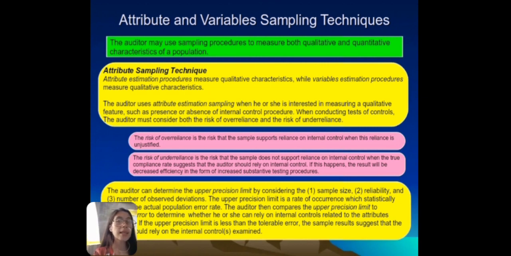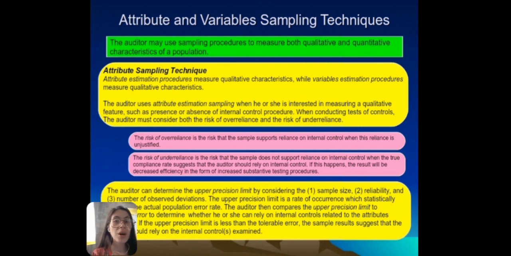When conducting tests of controls, the auditor must consider both the risk of over-reliance and the risk of under-reliance. The risk of over-reliance is the risk that the sample supports reliance on internal control when this reliance is unjustified.